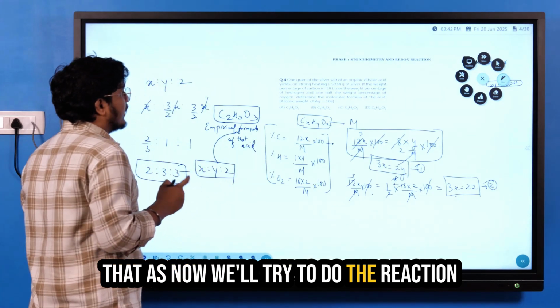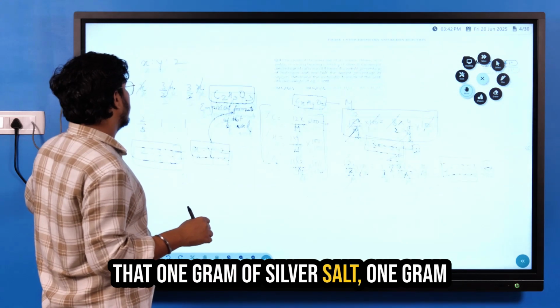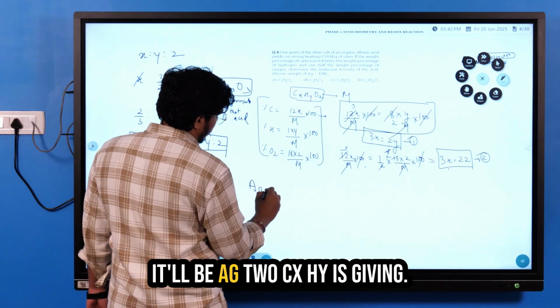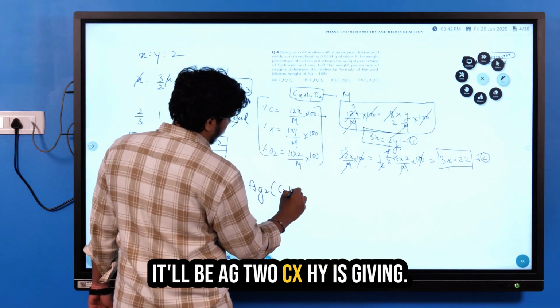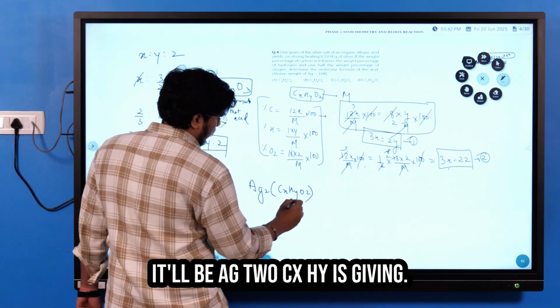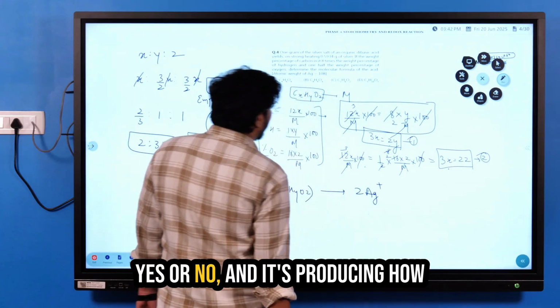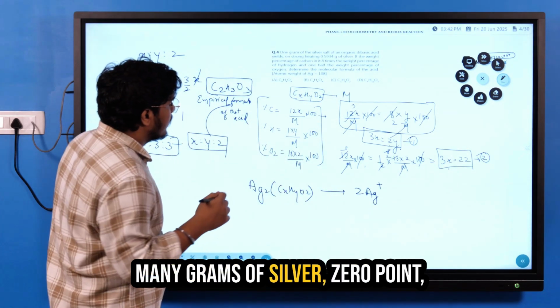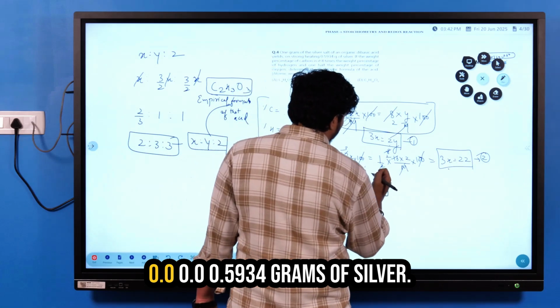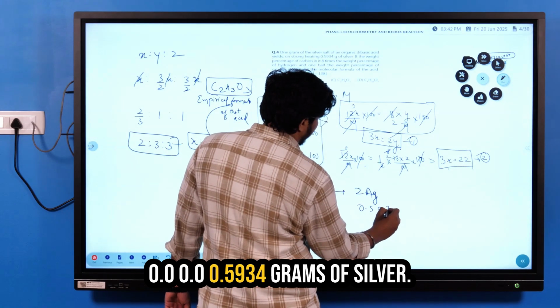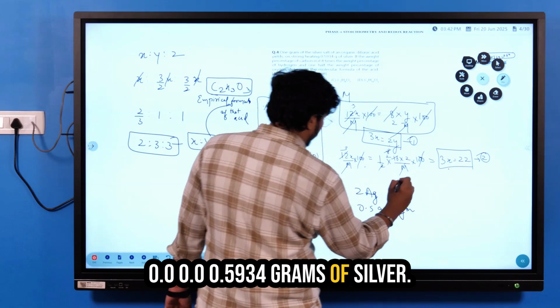Now, we'll try to do the reaction. 1 gram of silver salt, I'm assuming dibasic acid, so it will be Ag2CxHyOz. It's giving 2 moles of Ag. And it is producing 0.5934 grams of silver.